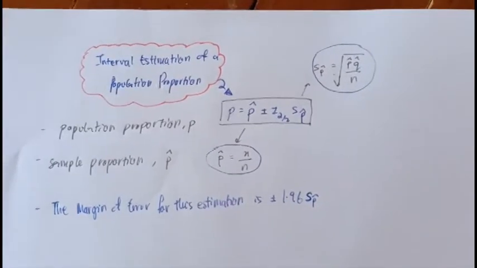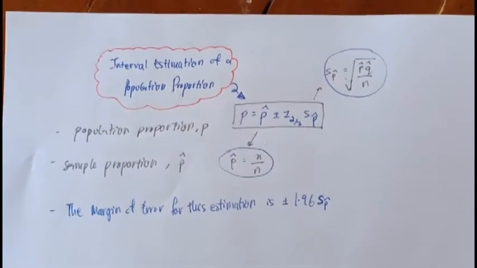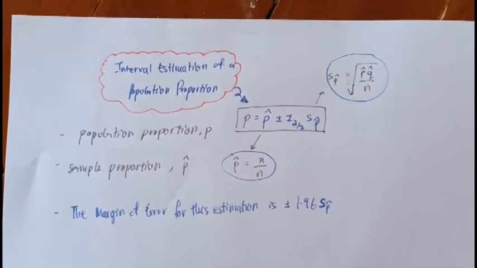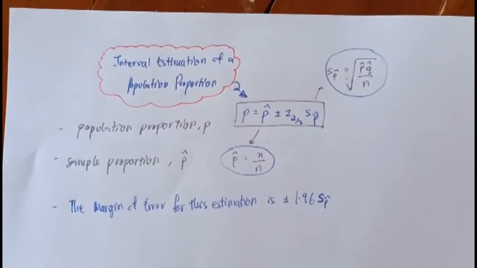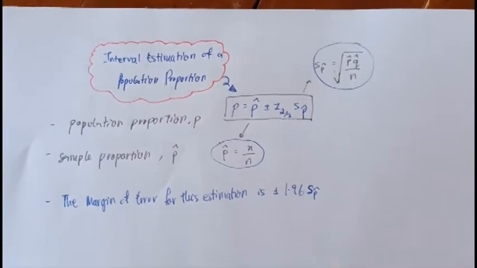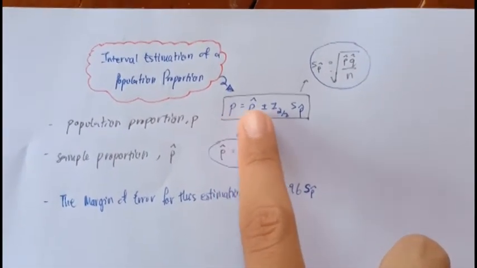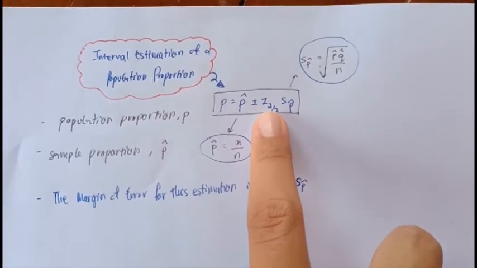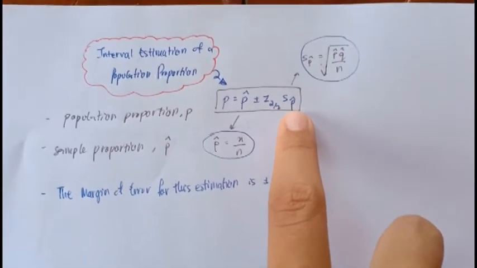Okay, for the next interval estimation is the interval estimation of a population proportion. As you can see, the population proportion is denoted by P and the sample proportion is denoted by P hat. This formula is used to find the population proportion, where P hat plus minus the value from the Z table times by SP hat.